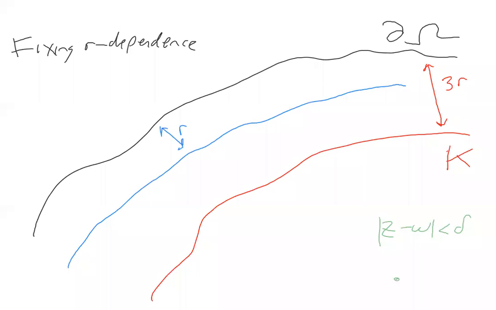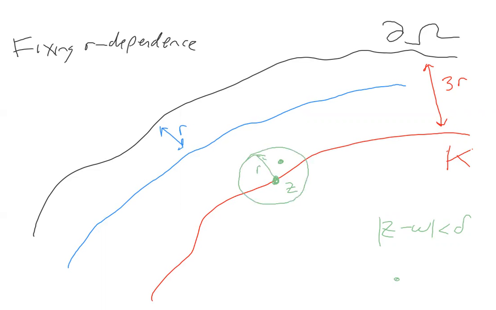If we have our point z right over here and we have a w over here that's close to it, because we are at least 3r from the boundary of omega, if we are close, we are also still going to be within the blue set, which is all the points that are at least r away from omega. So if I draw a circle of radius r about z, I'm still going to be well separated.